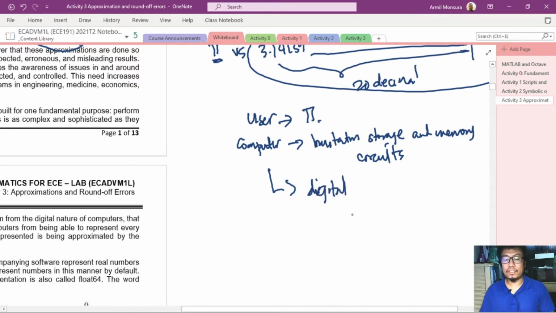It means that its circuitry operates on a digital mode. And when we say digital mode, it means that all data are stored in a finite memory.